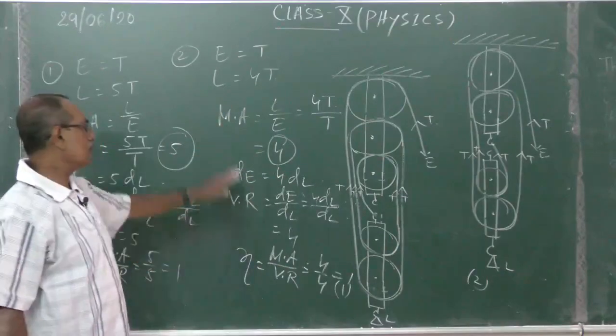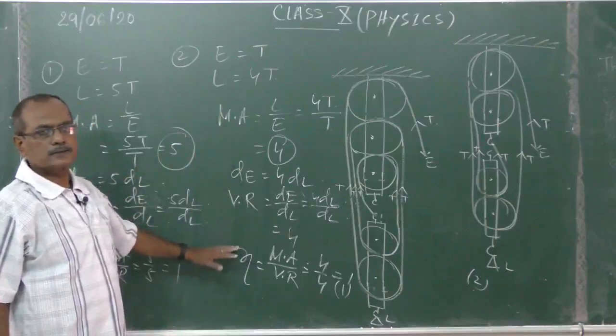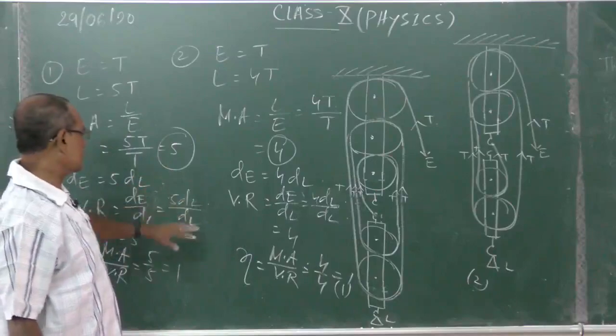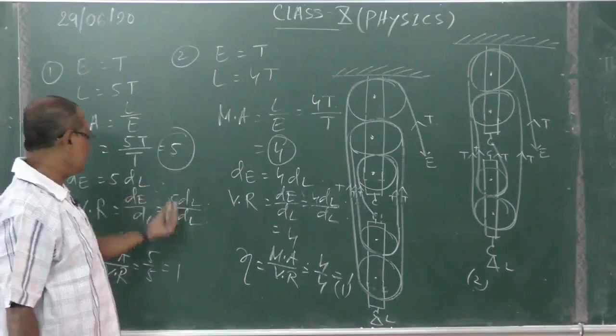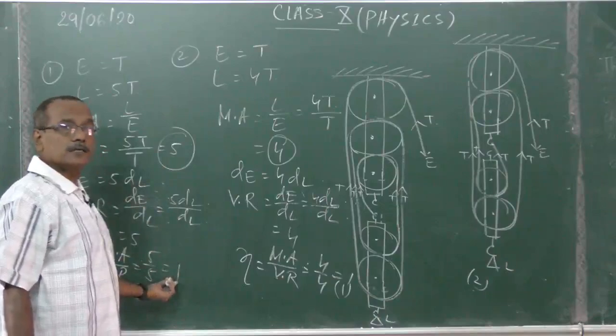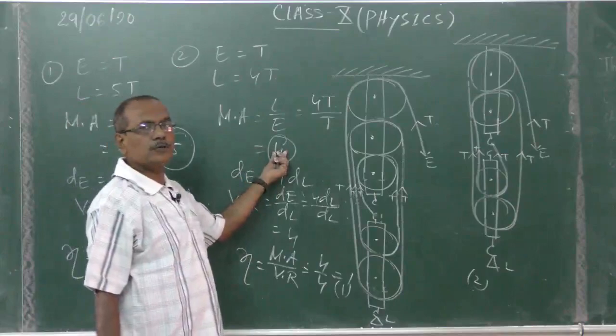We have taken all this in ideal cases. So therefore, if it is coming less than 5, obviously it will come less than 1, less than 100%. Here also, less than 4 if it is coming.